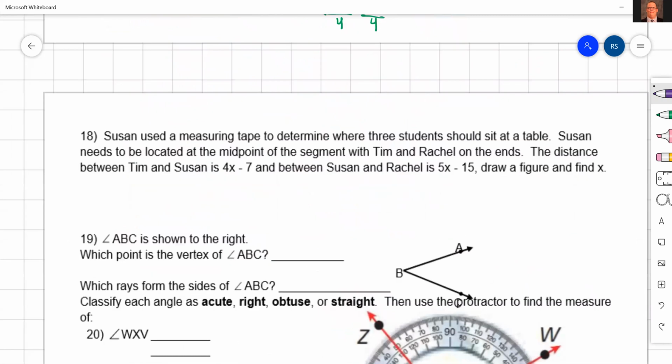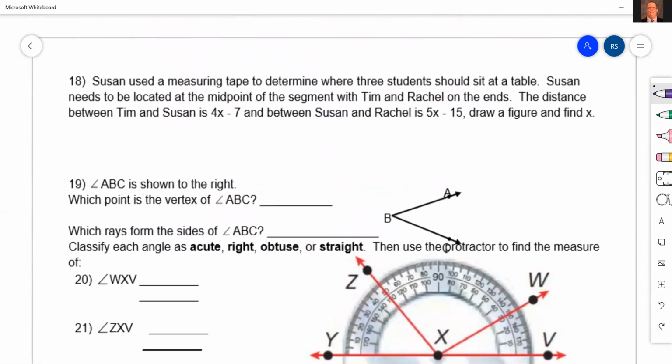Okay. Let's see. 18. We've got us a word problem. On word problems, what I recommend is just like we did on the shorter problems, read sentence by sentence. Don't try to read the whole thing. Read a sentence, act. Read another sentence, act.